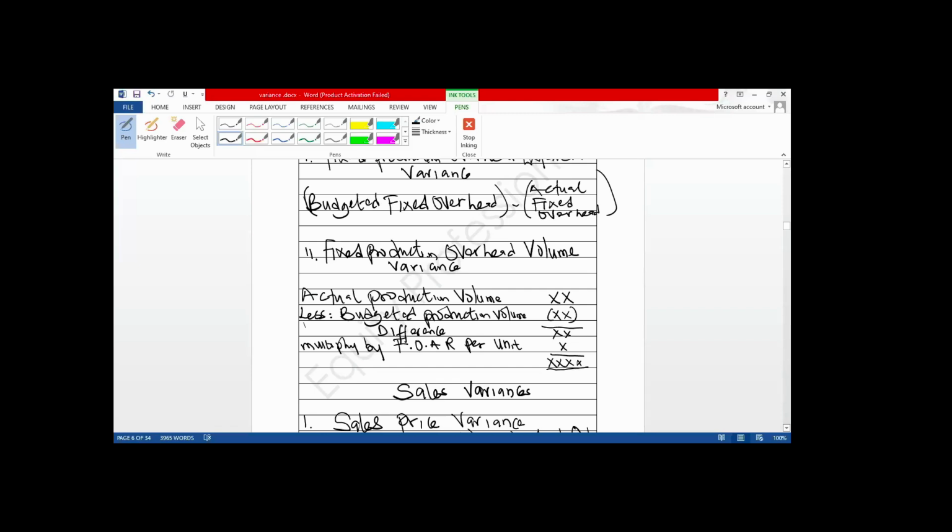It's calculated as actual production volume minus budgeted production volume. You get the difference, multiplied by fixed overhead absorption rate per unit.